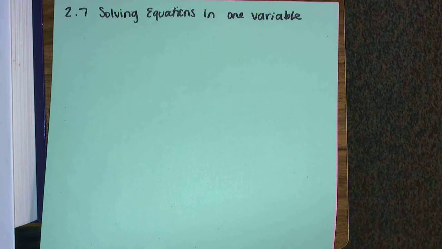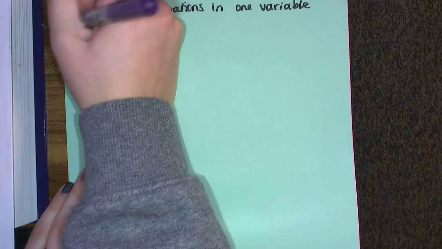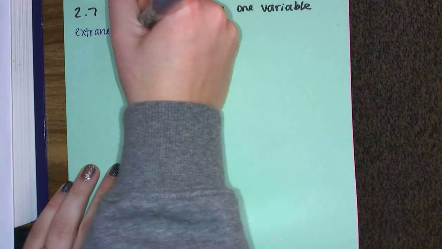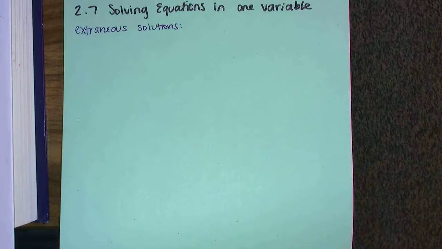But with these problems, we want to remember that just because we get a solution, it doesn't mean that it's actually a solution. We might have, on occasion, extraneous solutions. So basically, once you find your solutions, you want to check to see if they're extraneous by plugging the answer back into the problem and seeing if it's true or not.